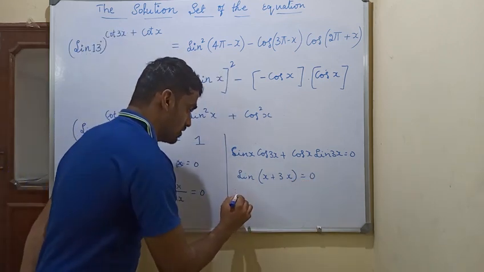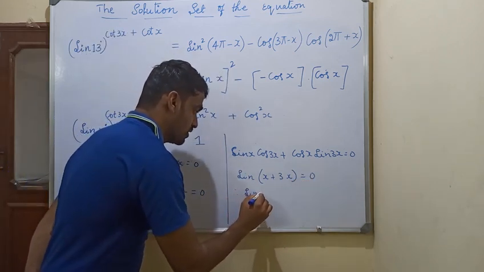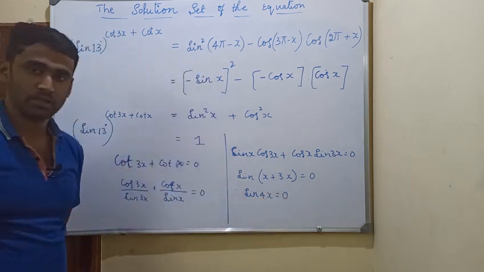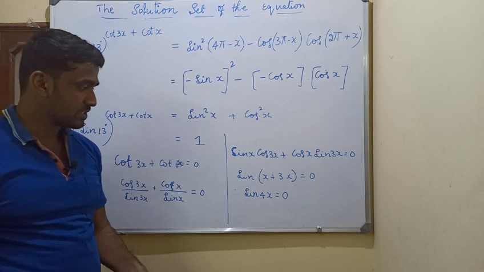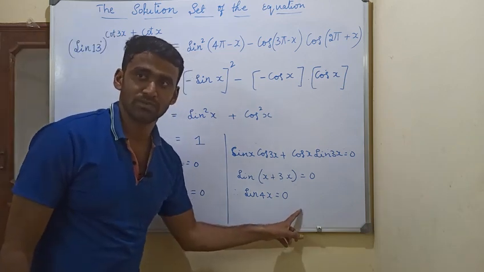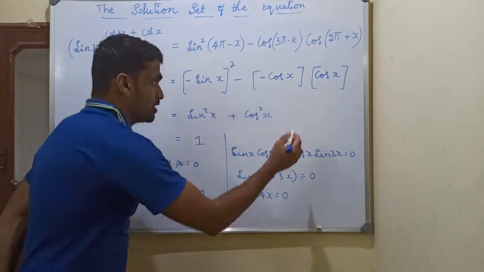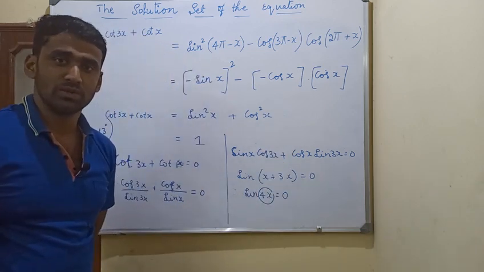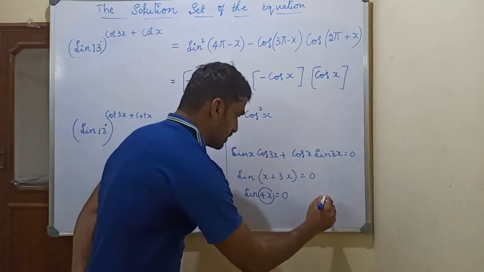Therefore, sin 4x is equal to 0. For what value of x does sin 4x become 0? When 4x is equal to nπ.